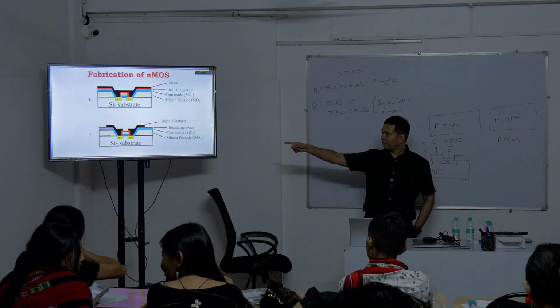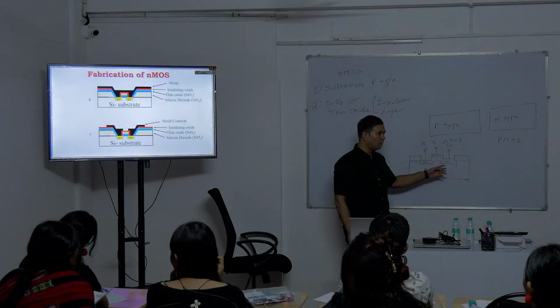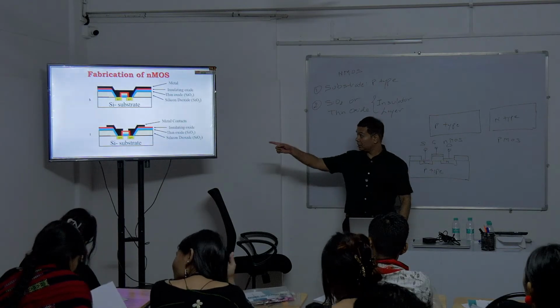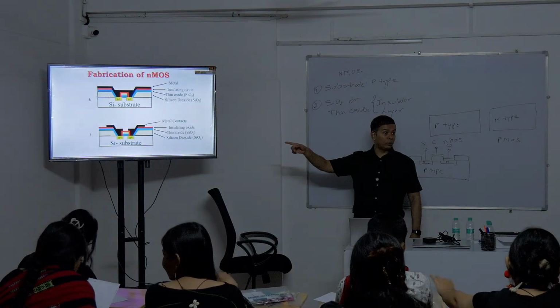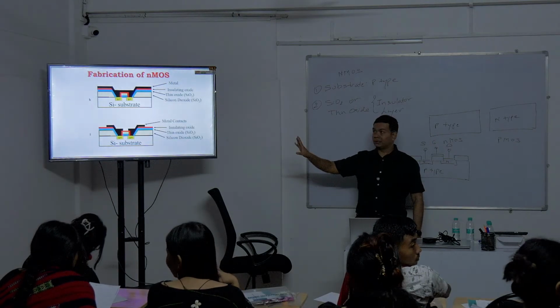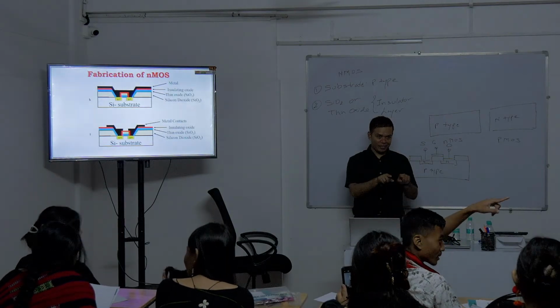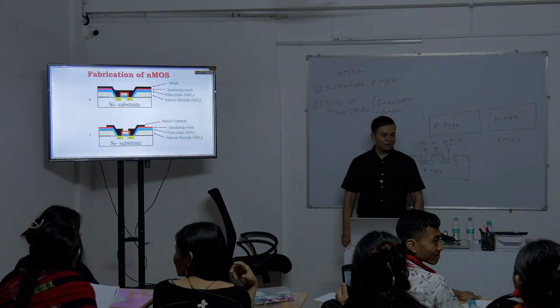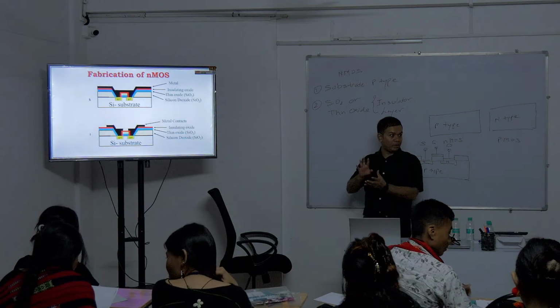So just look at the final one and compare with this one. This is the final structure that we should have. That is your NMOS, how it looks. You can see it right now, but you cannot really see it when you check an integrated circuit. And I showed you what CMOS is, which is a combination of NMOS and PMOS.